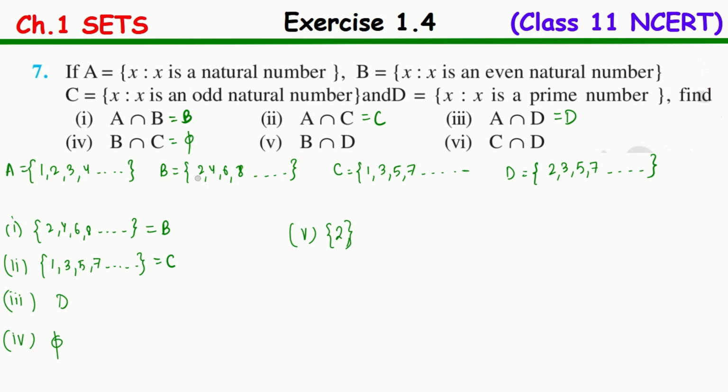We have only one prime number which is even, which is 2. So for the fifth part the answer will be only one element, which is 2. In the sixth part we have to find the common elements of C and D. The common elements of C and D will be 3, 5, 7 and so on, all the odd numbers which are prime.